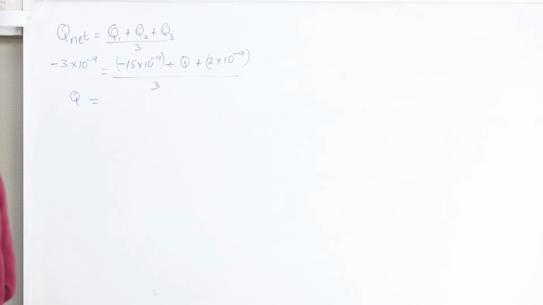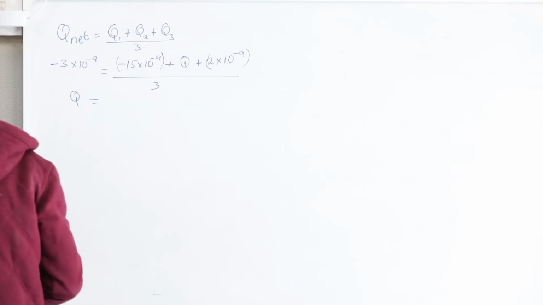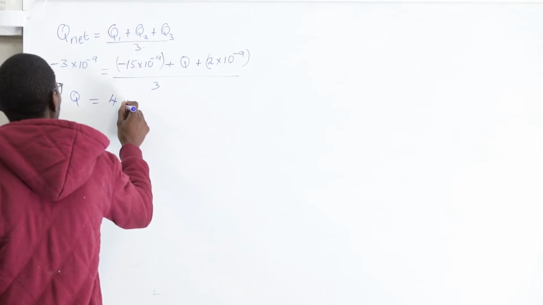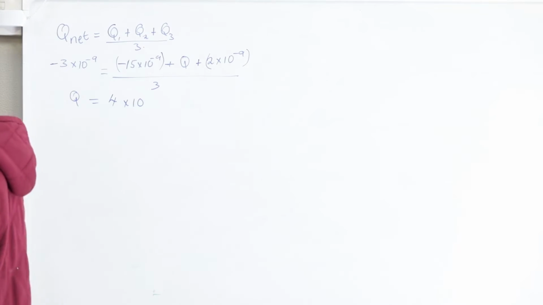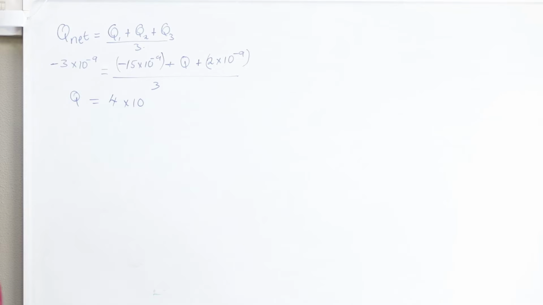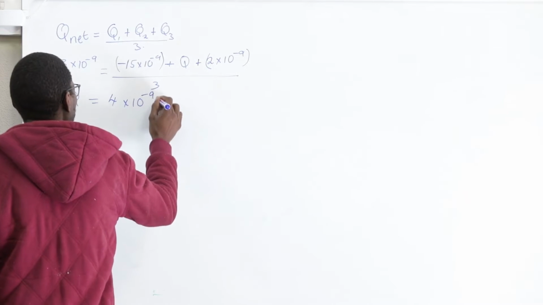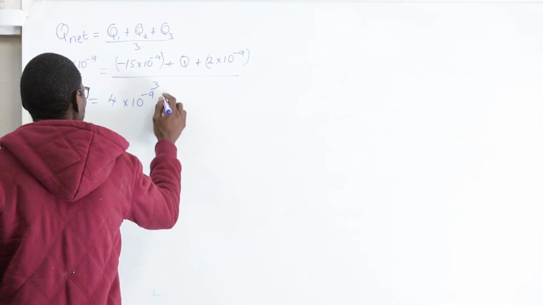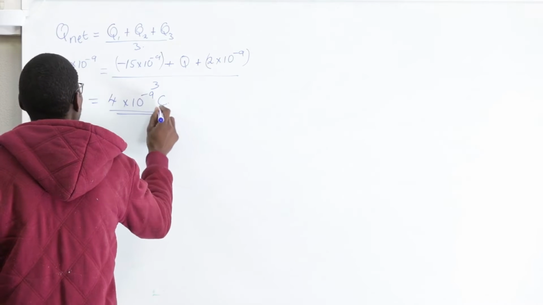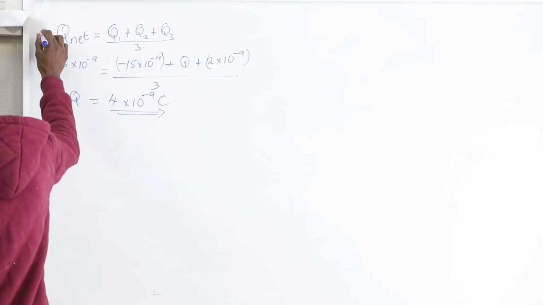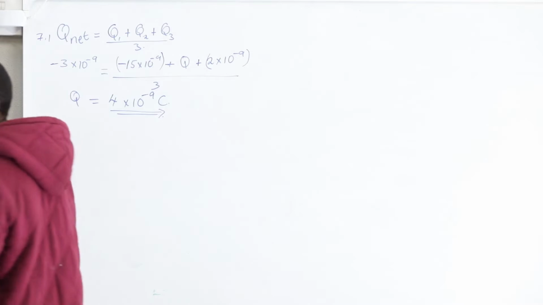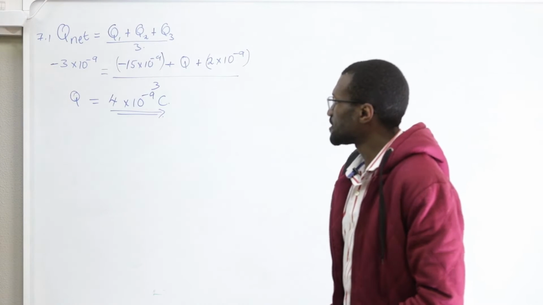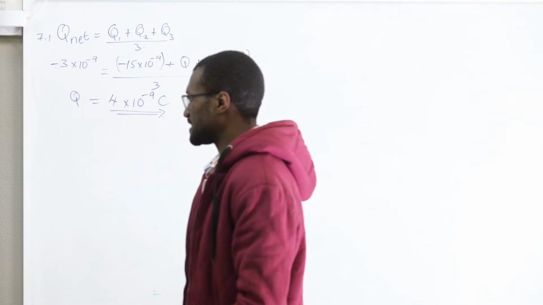If you calculate the unknown Q here, it is going to be equal to 4 multiplied by 10 to the power of negative 9 coulombs, because that's a charge. There we go. So for 7.1, we have determined the value of the unknown charge, which is 4 times 10 to the power of negative 9.